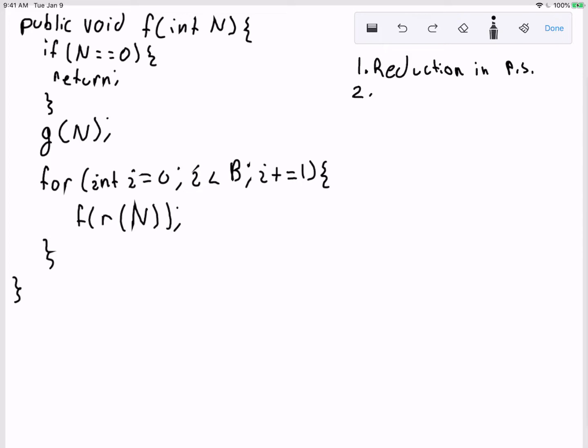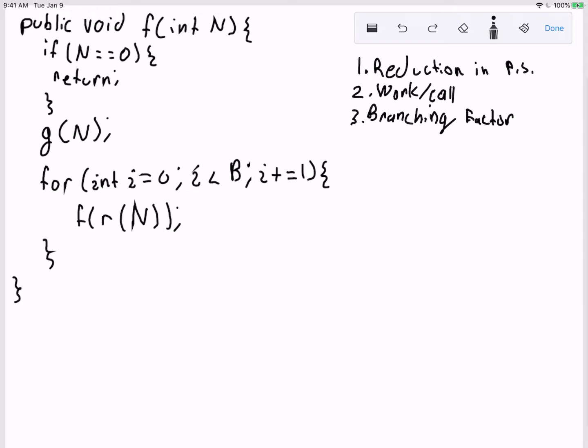The second thing we want to know is the work per call of the function, and we'll go over what all these mean in a second. And the final thing is the branching factor. Once you have all of these 3 things, then you can create your tree.